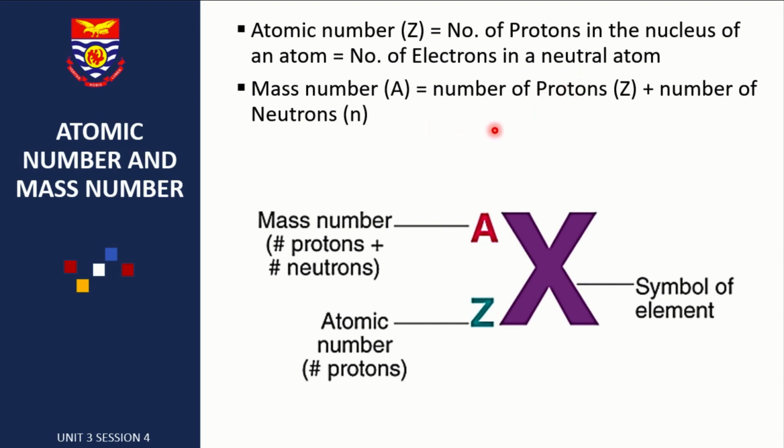While the mass number is the number of protons plus the number of neutrons. And anytime there's a graphical representation of an element having an alphabet written at the top here and one at the bottom here, the bottom always represents the atomic number, and the one at the top always represents the mass number, which we know to be the protons plus the neutrons.